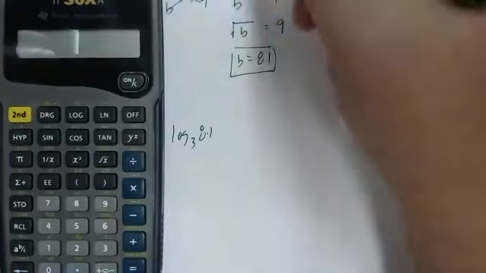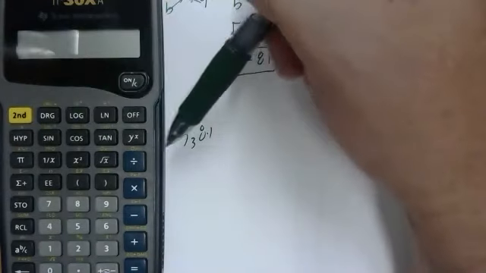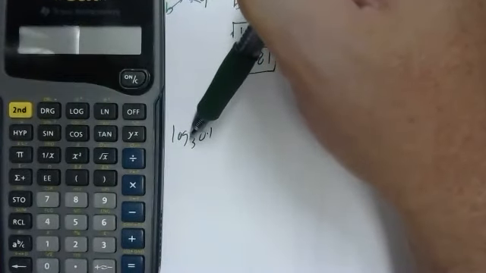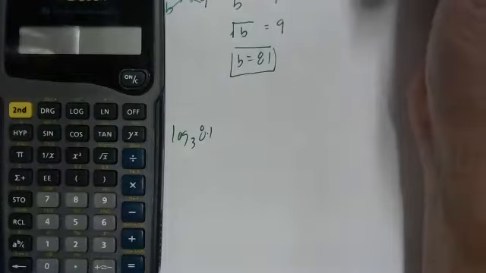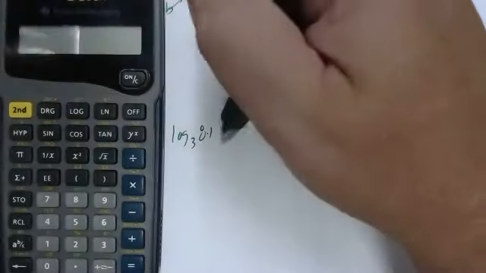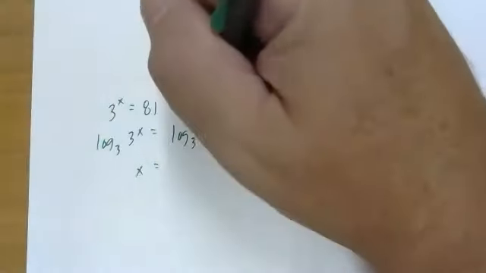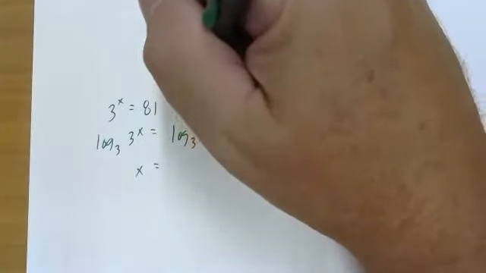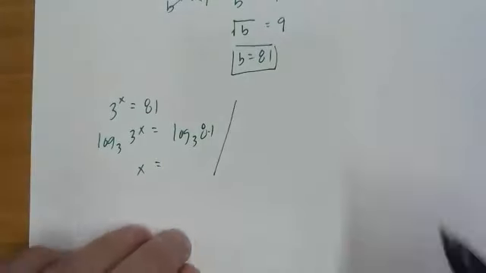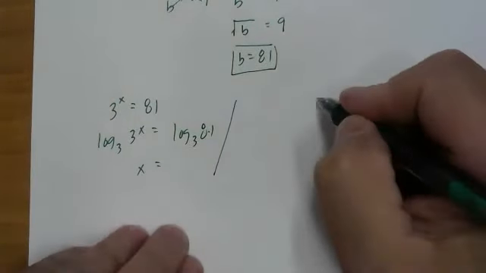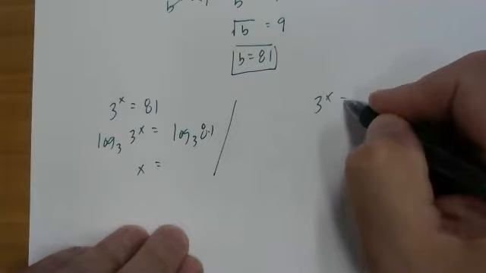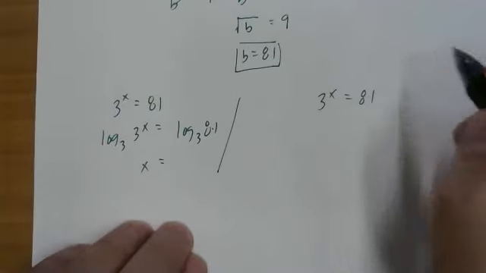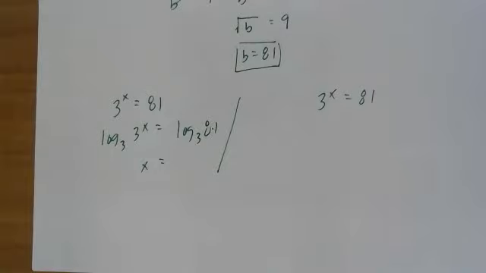So I say, well, let me go grab my calculator. But you know what the problem is with my calculator? I don't have a key that I can use for log base 3. Wow. So even though I've converted this to a log equation, I'm still sort of stuck. So what do? Well, the key is, when you're trying to solve a problem like this, I'm still going to use the same method, but there's going to be a little twist to it.